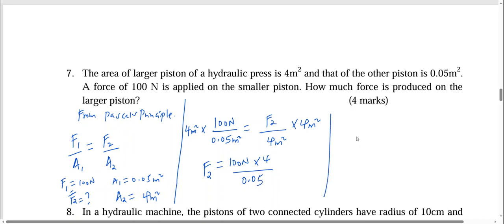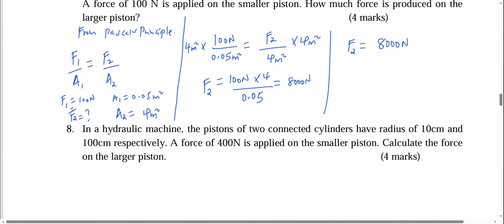This results to an answer which is 8,000 Newton. So how much force is produced on the larger piston? It is definitely 8,000 Newton.